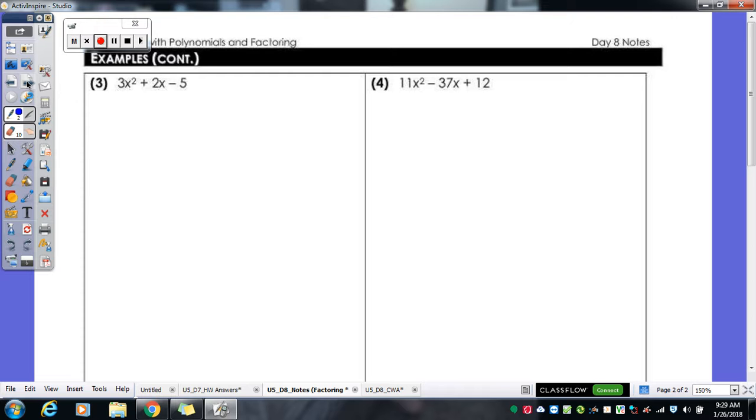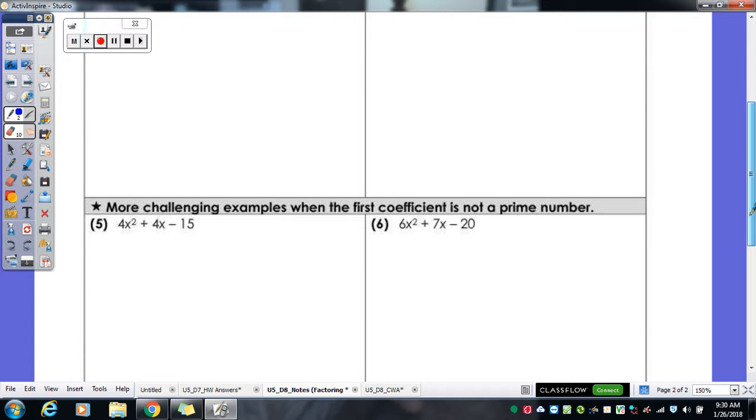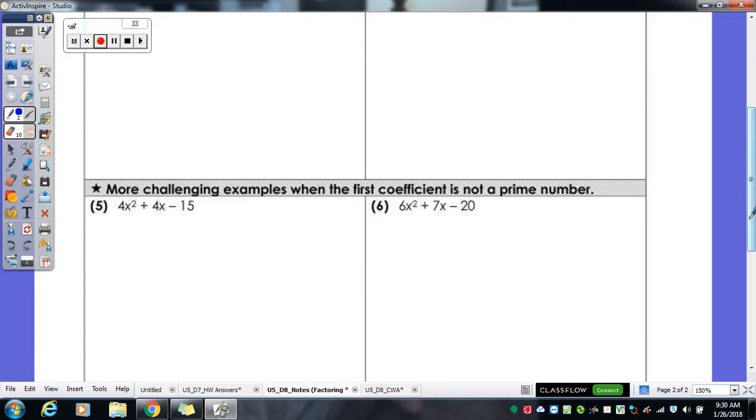All right, let's take a look at the back. As I said, I was going to show you 2 different ways in order to factor these. I've shown you the one way. We call that the trial and error or guess and check, whatever you want to call it. It didn't take too long really with the examples that we did on the front. But if you have examples like these ones down here, for the 6x squared, you could do 1x times 6x or 3x times 2x.